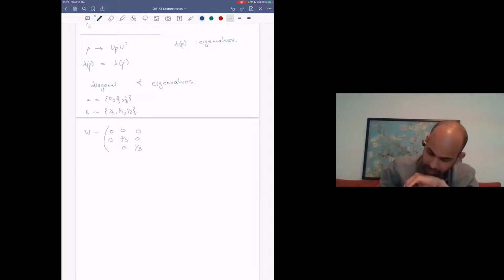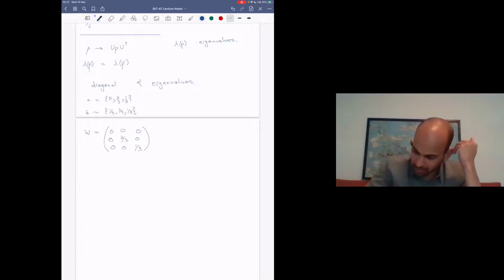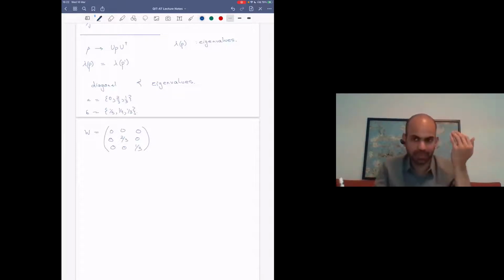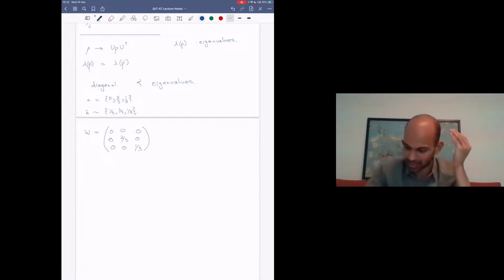But now I want to pick another density matrix that has the same eigenvalues as W, but has the diagonal elements being the values of B. And the way to do this is to simply change the basis into one that will give you the new diagonal elements to be those of B. Because B is a maximally mixed state, it's actually very simple to pick a basis like this.